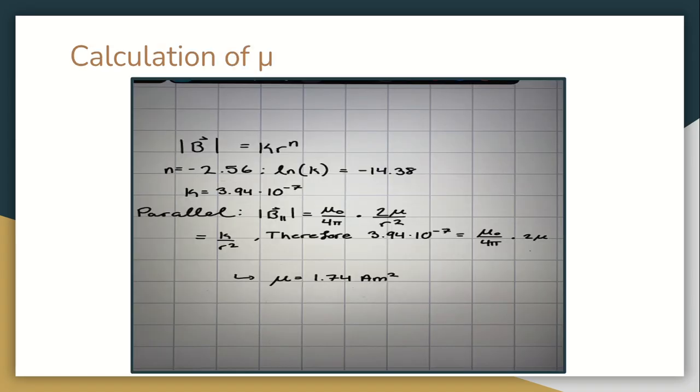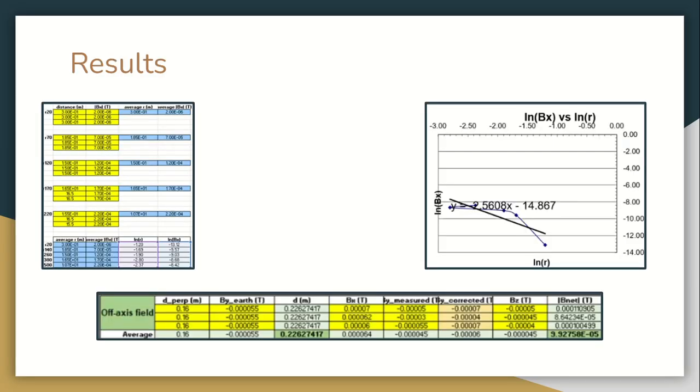So then for our calculation of mu, we have the equation magnitude of B vector equals k r to the n. Then we have n equaling negative 2.56. Now we know that natural log of k is equal to negative 14.8, because, again, we get this from here, when everything else is 0.